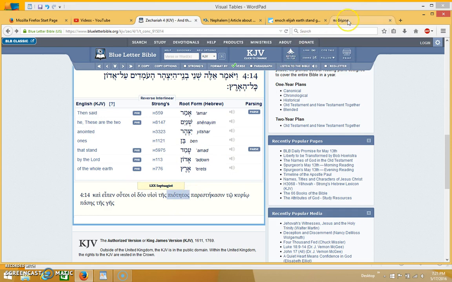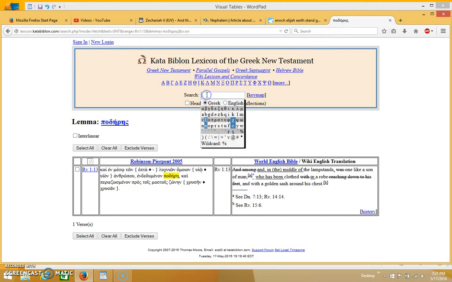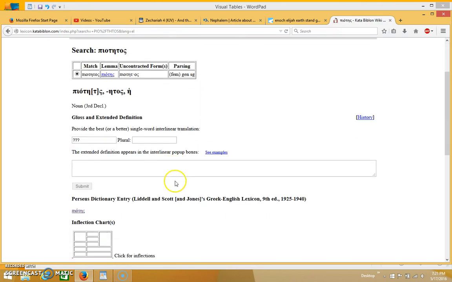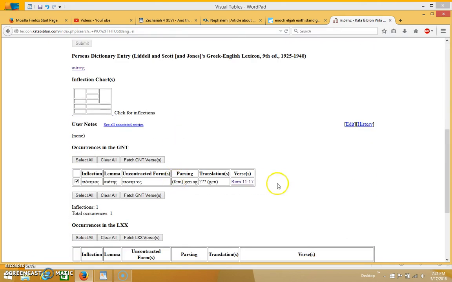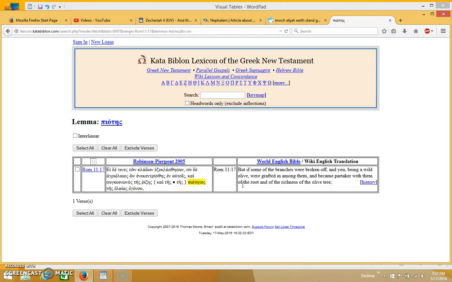But when you look at the concordance, you see that that word is used only one time in the New Testament as well. And that takes you to Romans 11:17, where this word was translated as, well, over here they've translated it as richness, but in the King James it's translated as fatness.